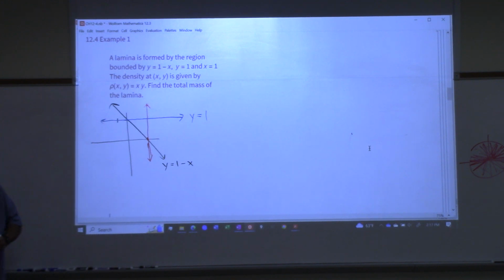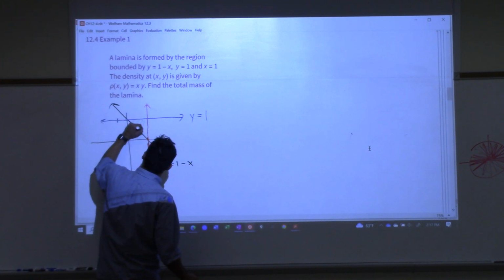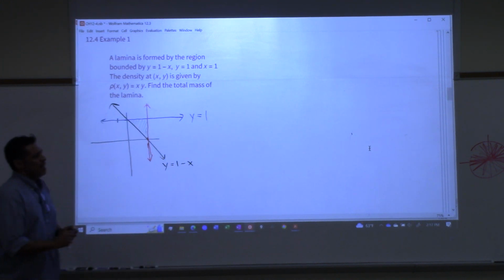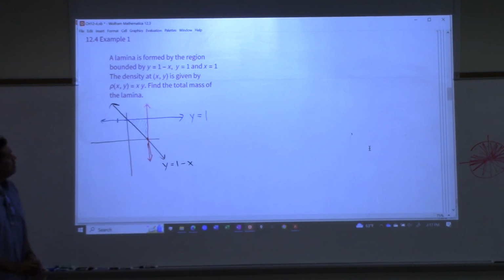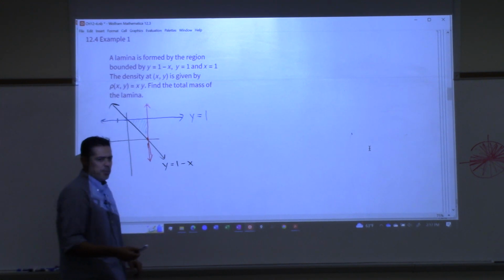The lamina is the region bounded by those curves. So my lamina is that thing in the middle there. And my density function is xy. I'm going to call this region D. Have y'all noticed I just switch between D and R?